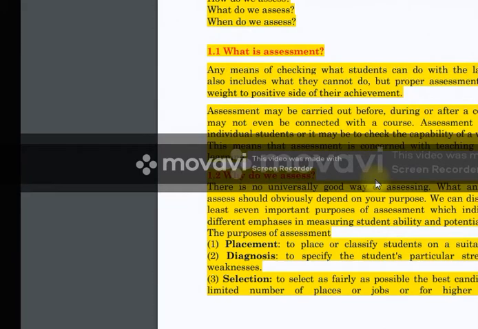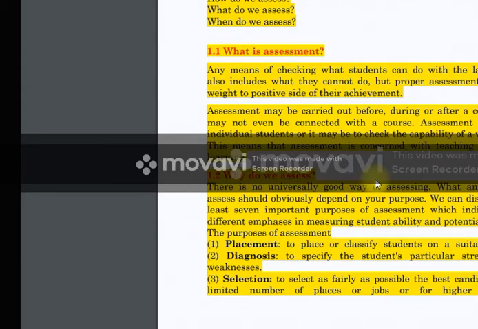According to your scores in this test, you will be classified into 3 levels, for example, beginners, intermediate, and advanced candidates. And a specific course will be allotted to each level.